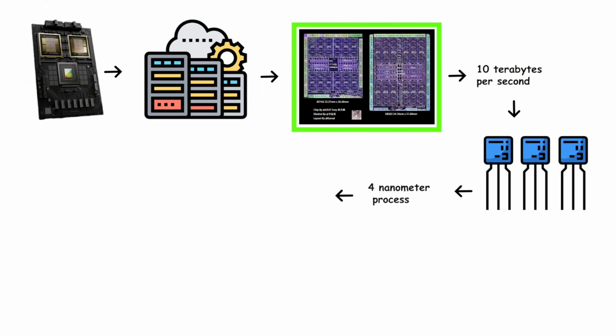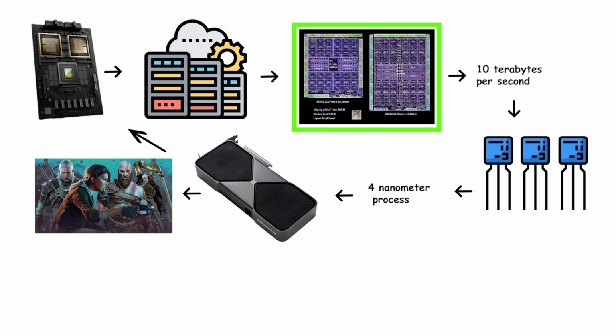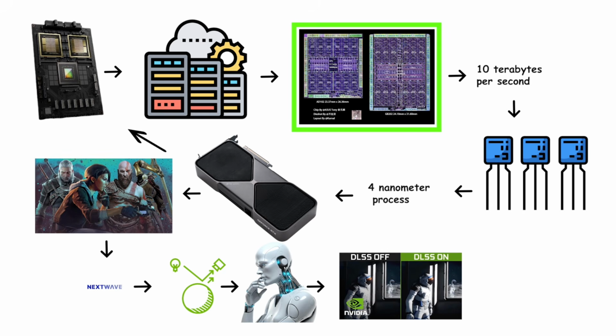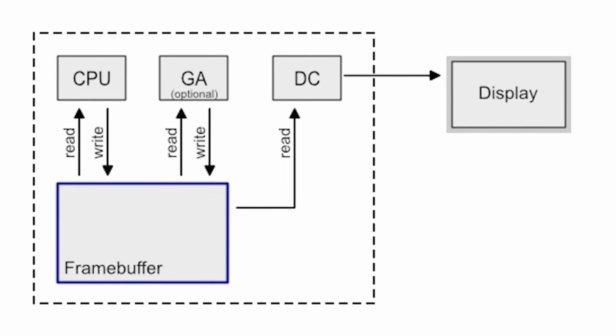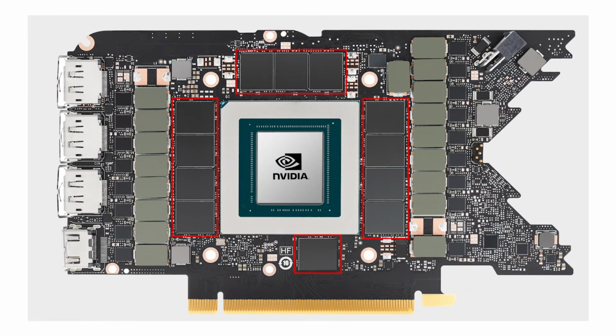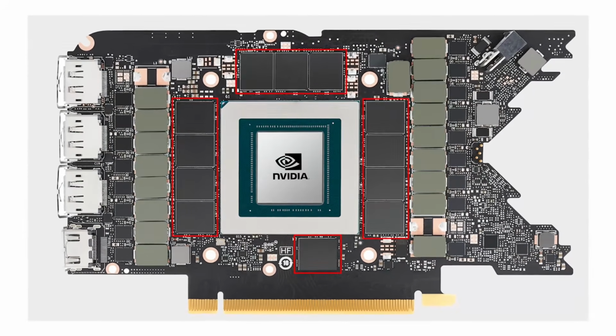On the consumer side, GeForce RTX 50 series cards bring Blackwell features to games, including the next wave of ray tracing and artificial intelligence acceleration and deep learning supersampling 4 with multi-frame generation. Professional RTX Pro Blackwell cards add very large frame buffers, next-generation GDDR7 memory interfaces, and updated ray tracing and tensor engines for creation and simulation.